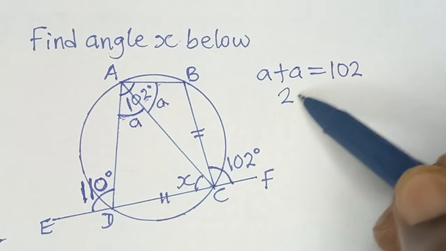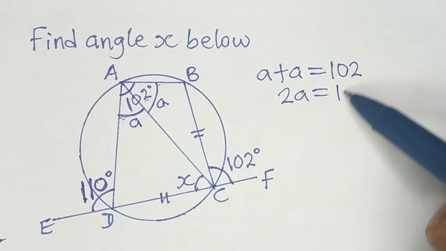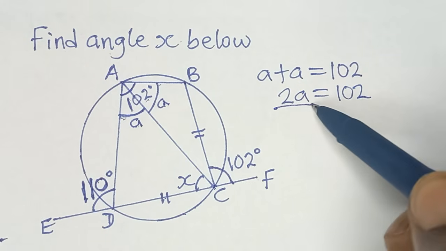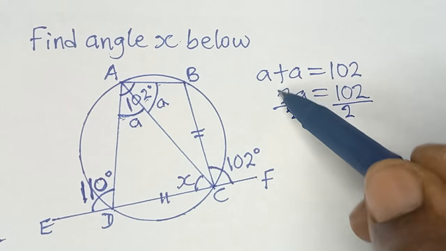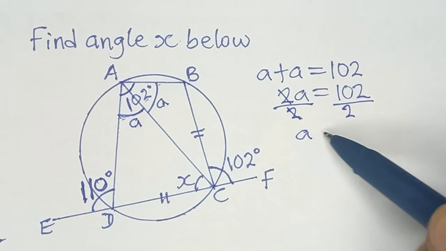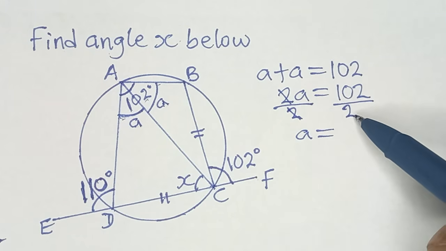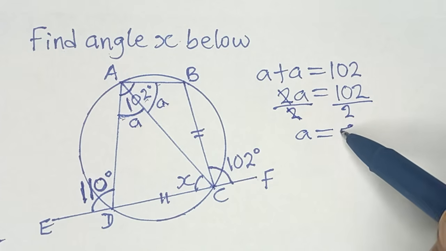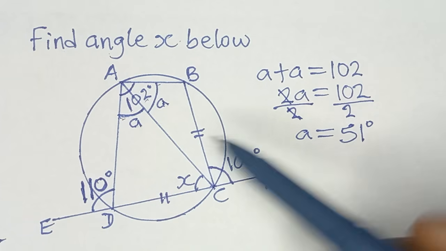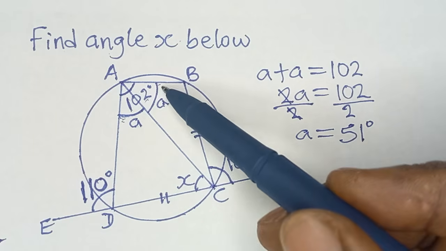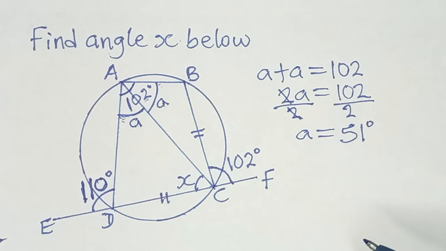So 2A will be equal to 102. For me to get A, I simply divide both sides by 2, and this 2 will cancel 2. So I'm left with A equal to 102 divided by 2, which gives us 51 as that angle. So here is 51 and this is also 51.